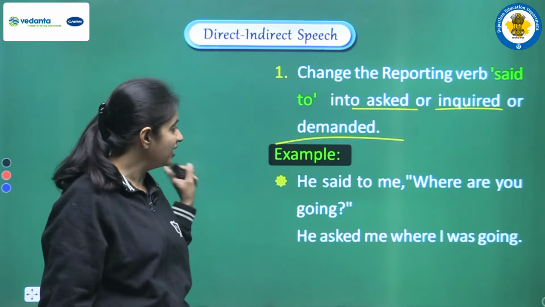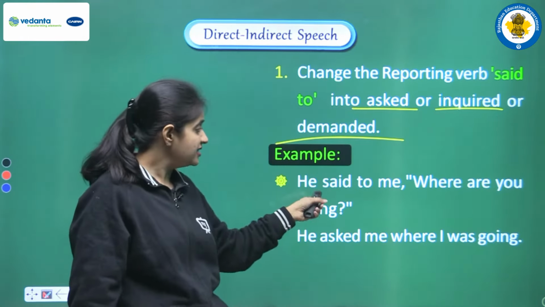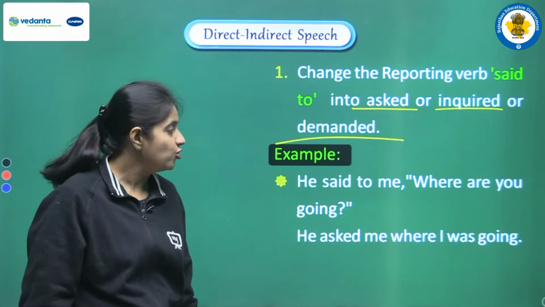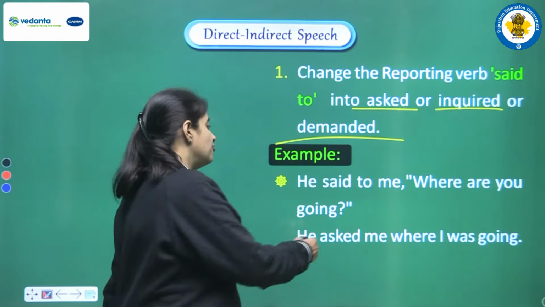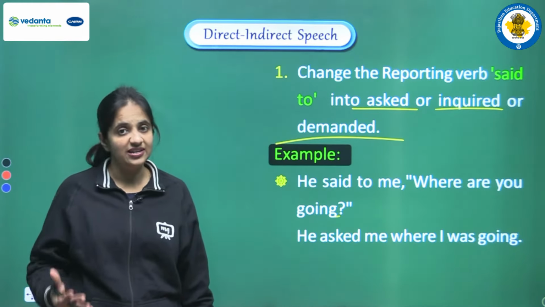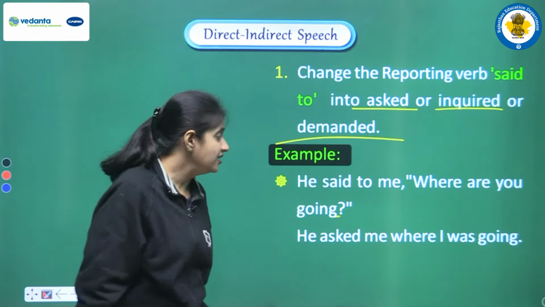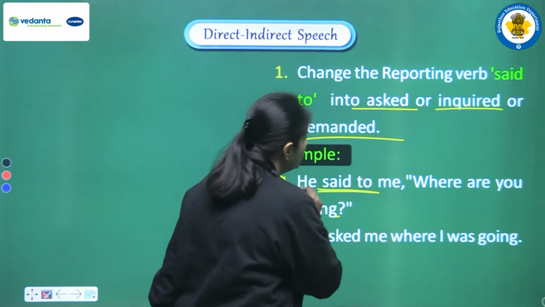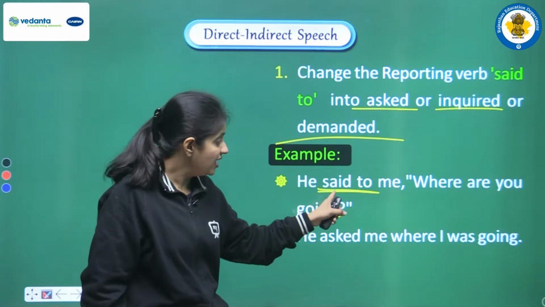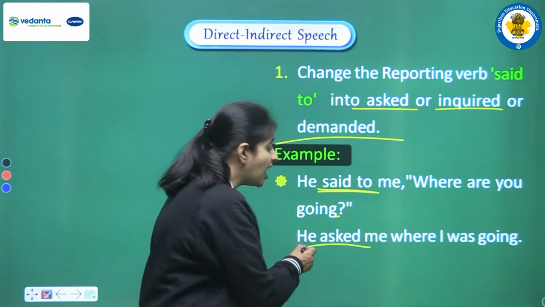Clear? The example we have here is, he said to me, where are you going? First of all we have to observe the type of the sentence. We have a question mark at the end of the sentence, so this is an interrogative sentence. Because of this, the first change that we make is in the reporting verb: we convert "said to" into "asked".